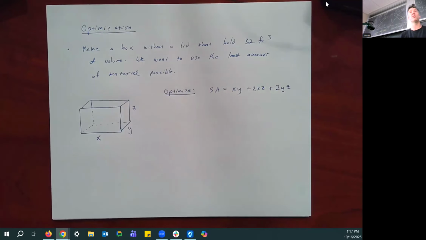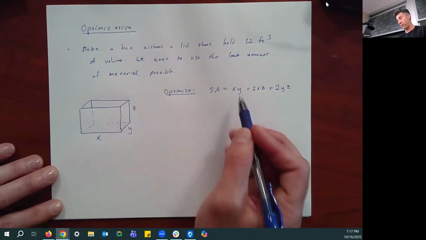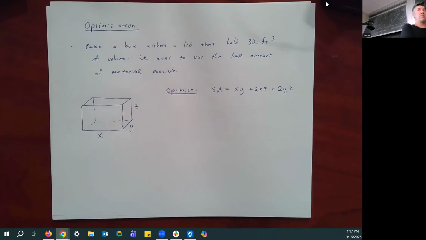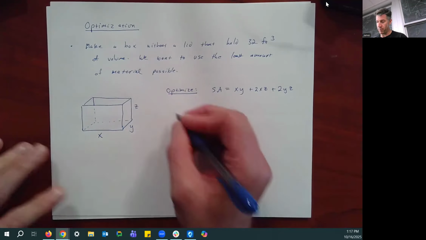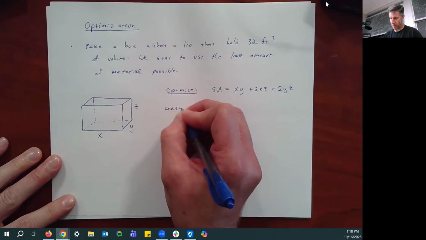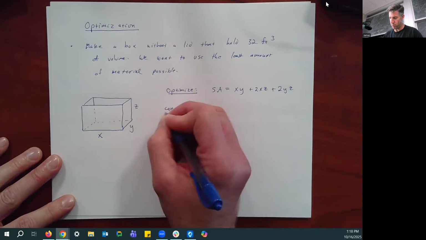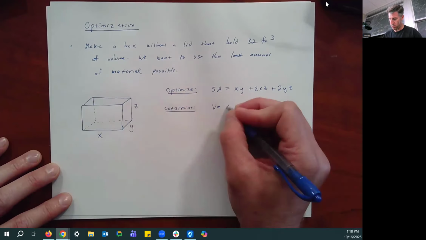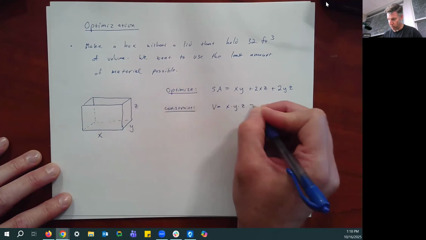And similar to in 17A, how we had a function of 2 variables and that was too many, here we have a function of 3 variables and that's too many for us to deal with. We can deal with, as you just did like 4 or 5 times, finding the maximum of a function of 2 variables, but any more than that is too many. So we're going to use our constraint. Our constraint is that the volume, whose equation is x times y times z, has to be equal to 32.